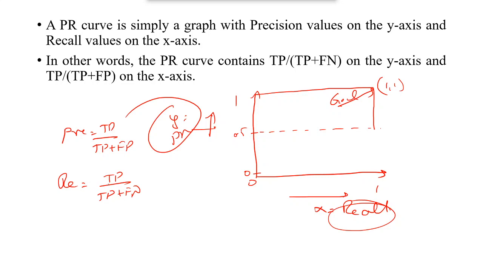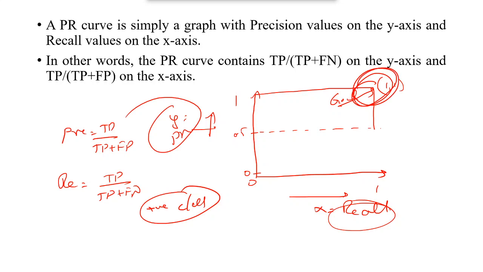This PR curve is focused mainly on the performance of the positive classes, which is crucial when dealing with an imbalanced data set. So when the target variable is imbalanced, at that moment we are supposed to use the precision recall curve.